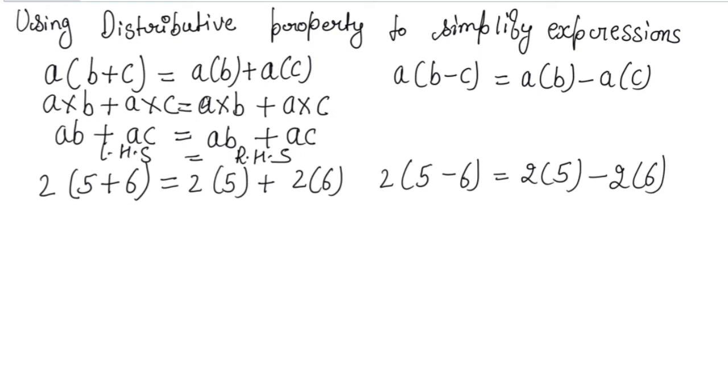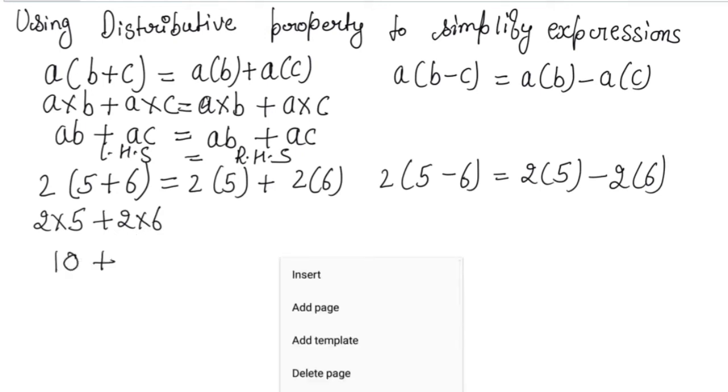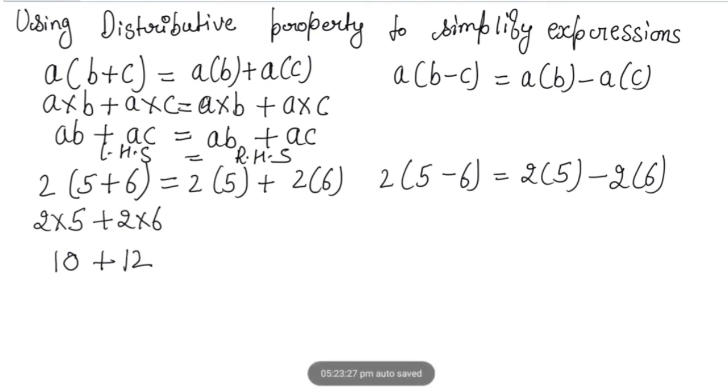Let's solve the left hand side first. So 2 times 5 plus 2 times 6. 2 times 5 is 10, plus 2 times 6 is 12. And 10 plus 12 is equal to 22.